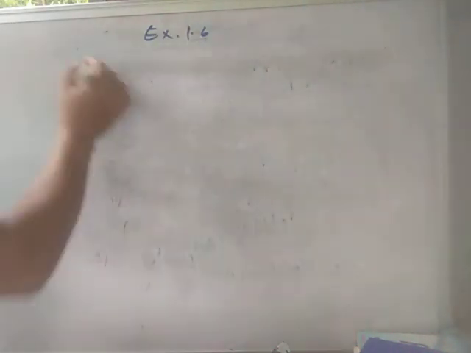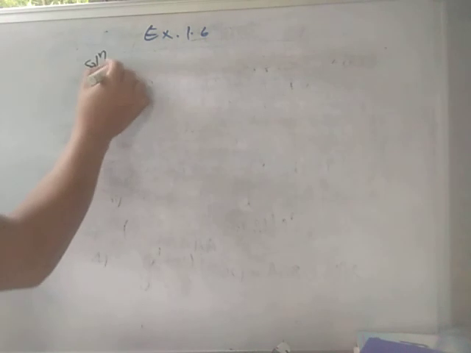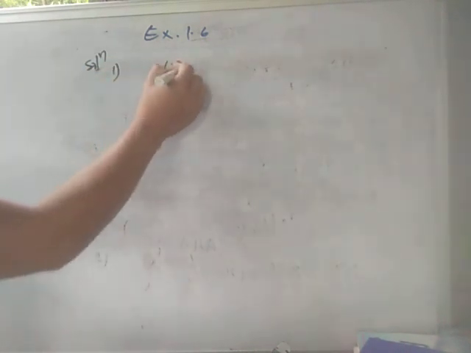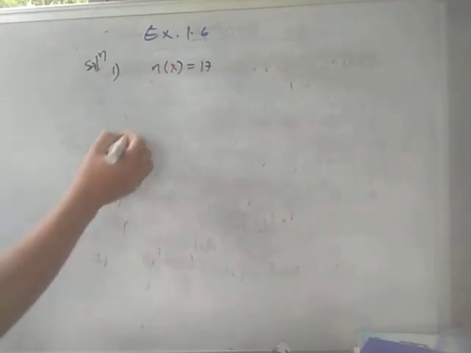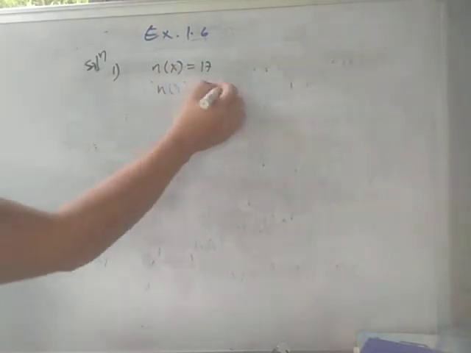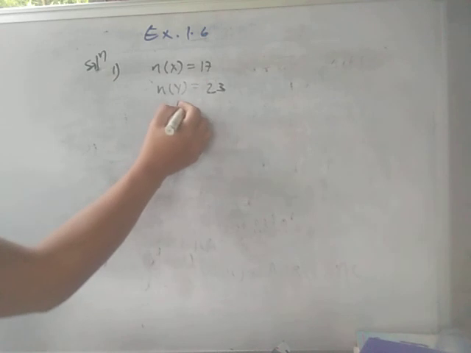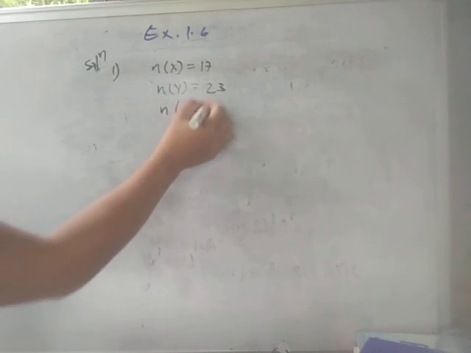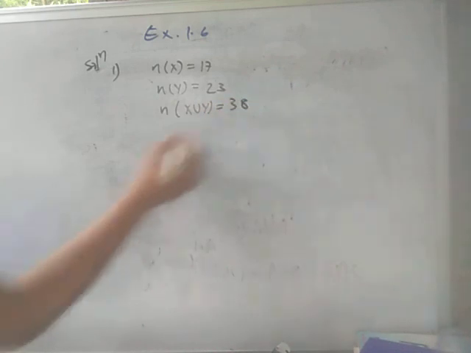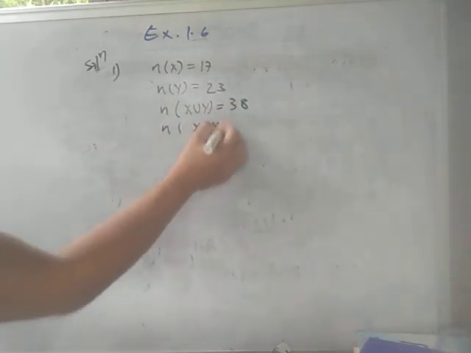Okay, so solution, write down number 1. Given n(X) equals to how much? 17, and n(Y) equals to how much? 23, and n(X union Y) equals to how much? 38. You have to find n(X intersection Y), isn't it?